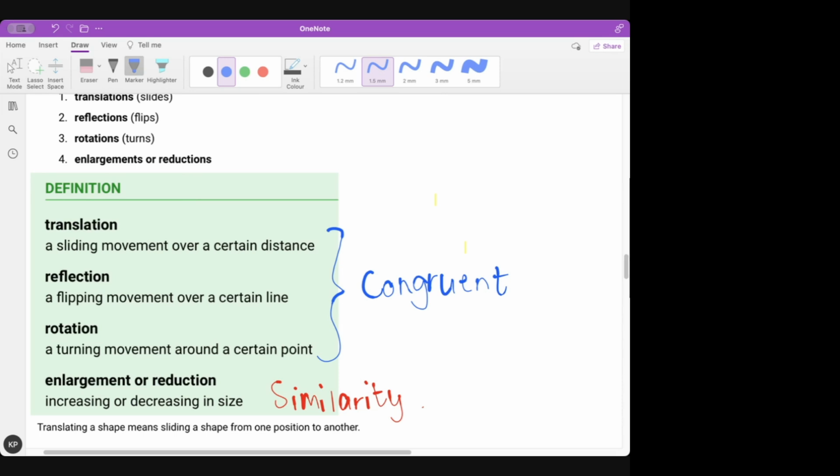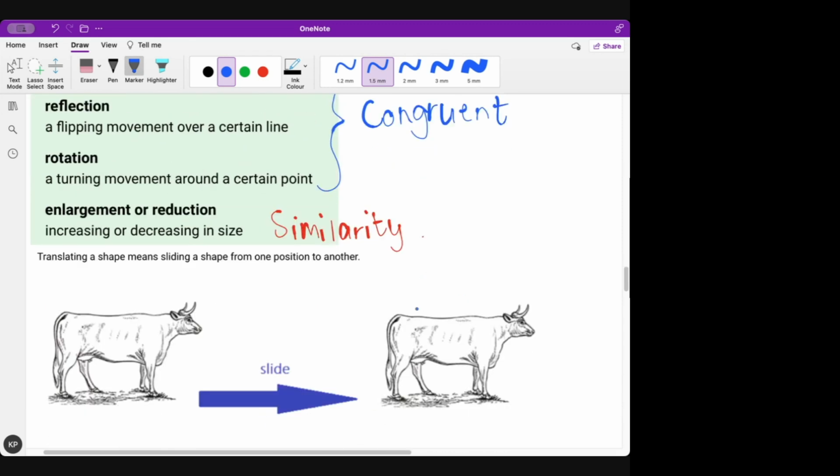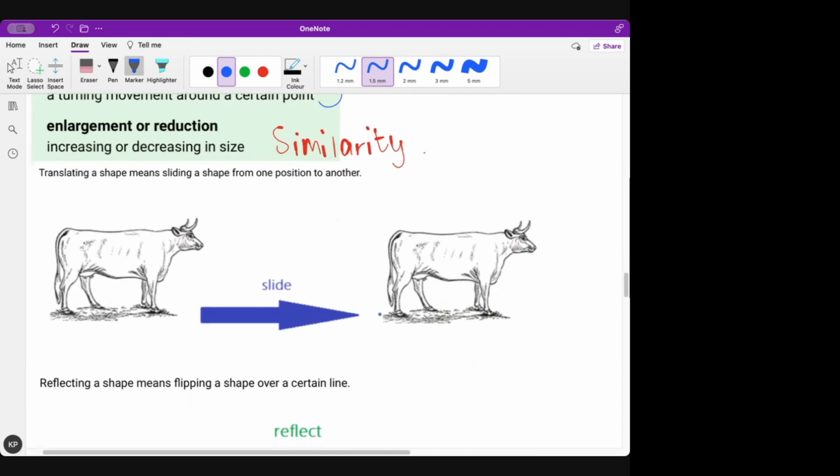Okay, so those three are congruent, but enlargement and reductions are similar because you are changing the size of the shape. All right. So this is just visual representations of what I said. Same shape, it's facing the same side, it's the same size, but you're just moving it up or down, left or right. All right, that's translation.